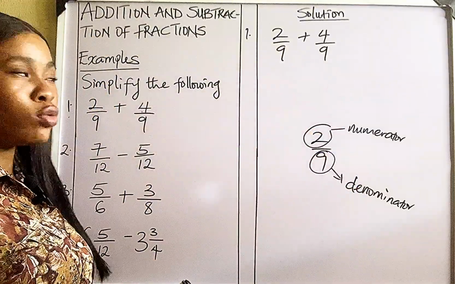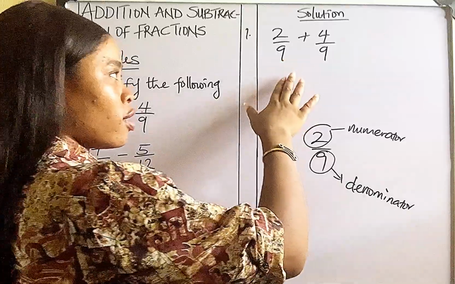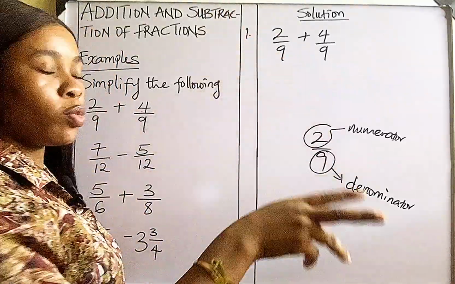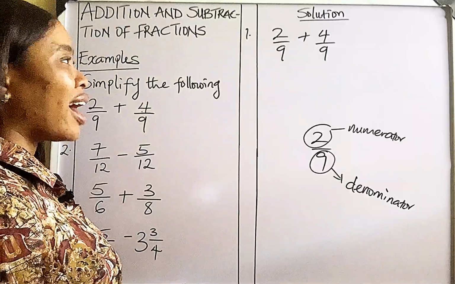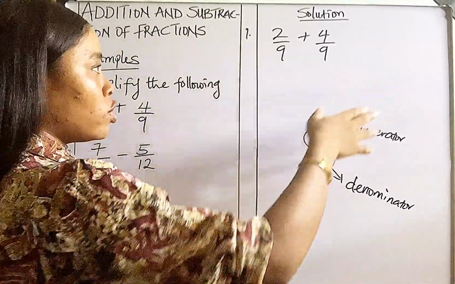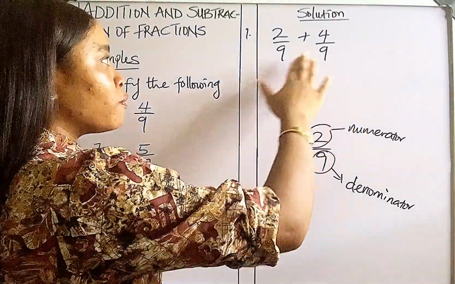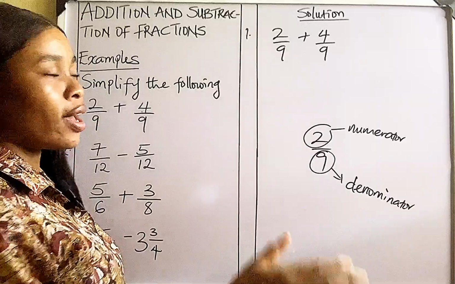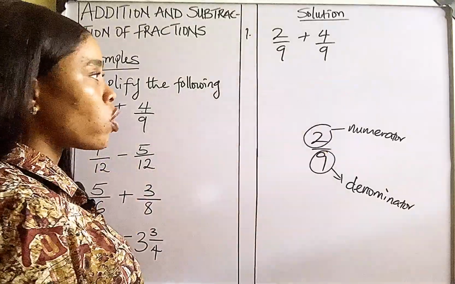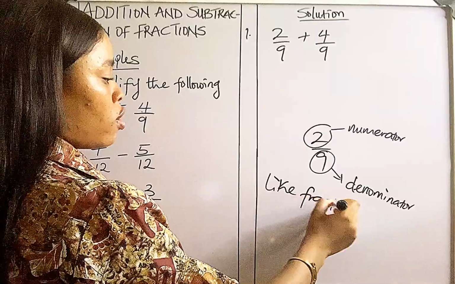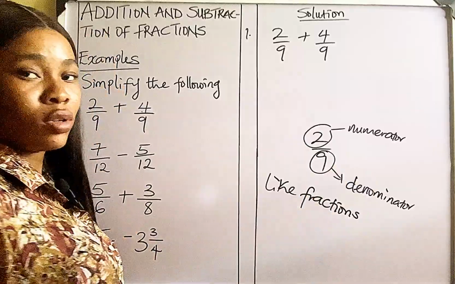Now, what do we do in a situation whereby the denominators of two fractions are the same, and you are either to add or subtract? When we have fractions in this form whereby they have the same denominators, we call them like fractions.